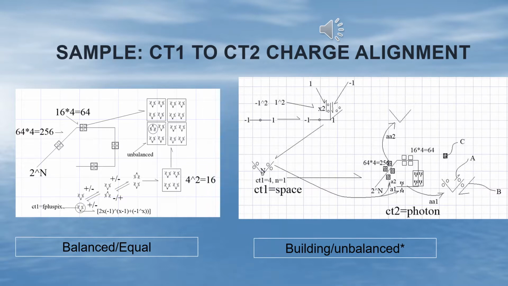There are two examples shown in the drawing. The one on the left is the balanced or equal alignment, and the one on the right is the building or unbalanced alignment, which is the one which AUT currently accepts as the accurate model based on observations at the electron, proton, neutron scale.